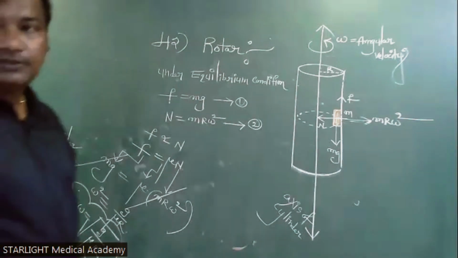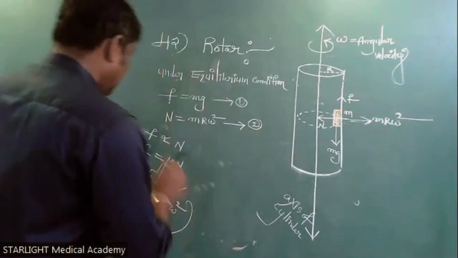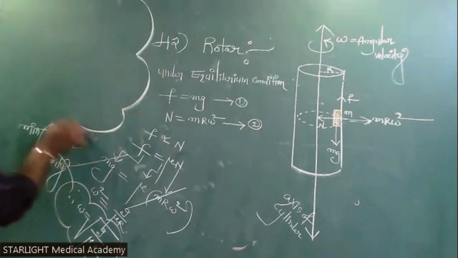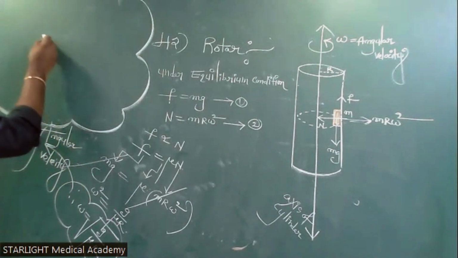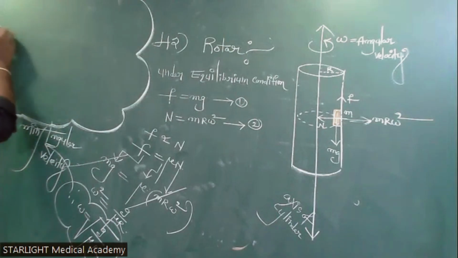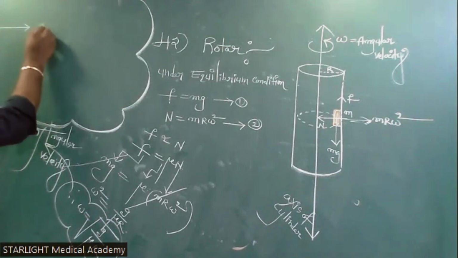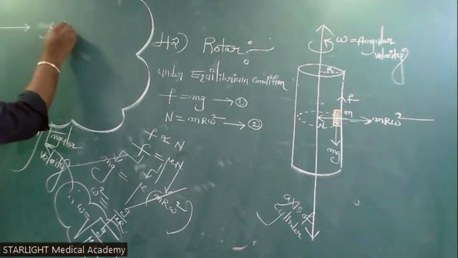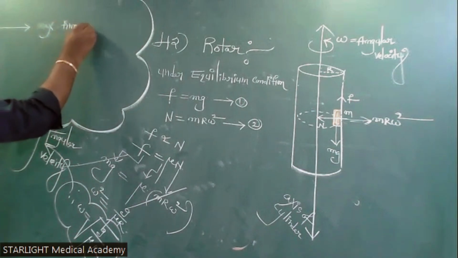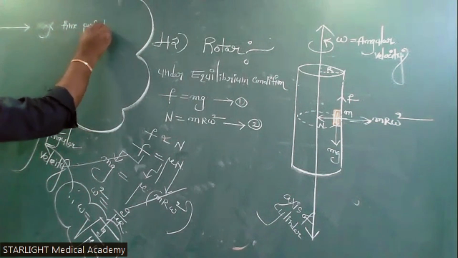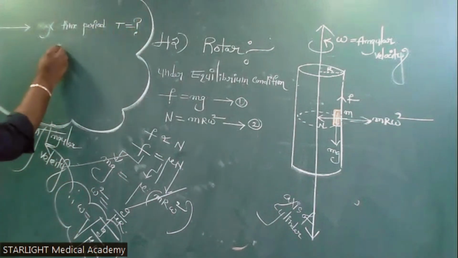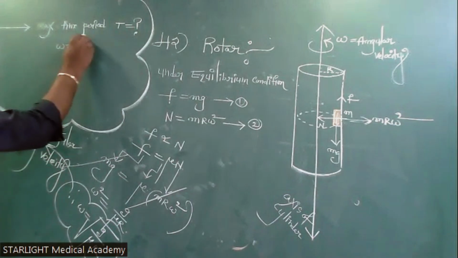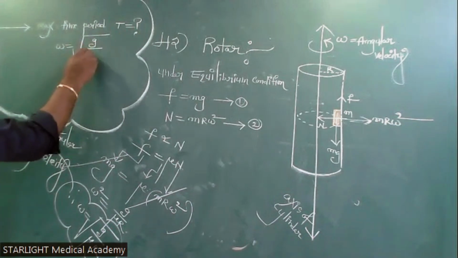The condition is for the maximum time period. Time period T is equal to question mark. Omega is equal to root g by mu r.